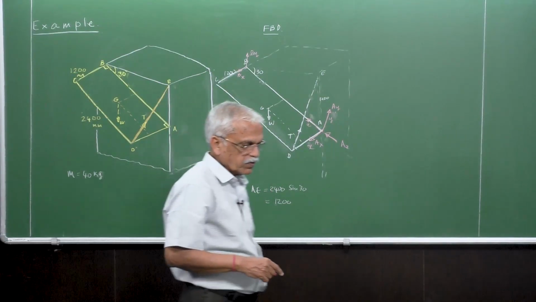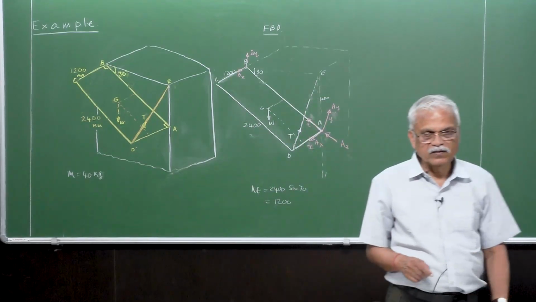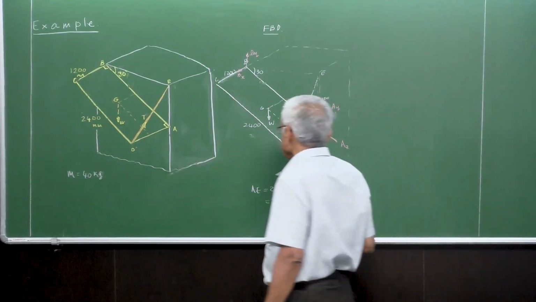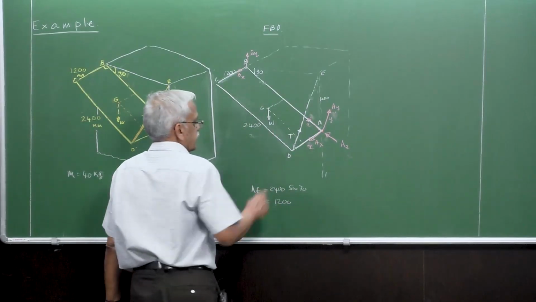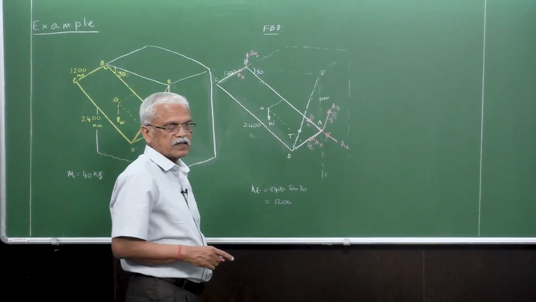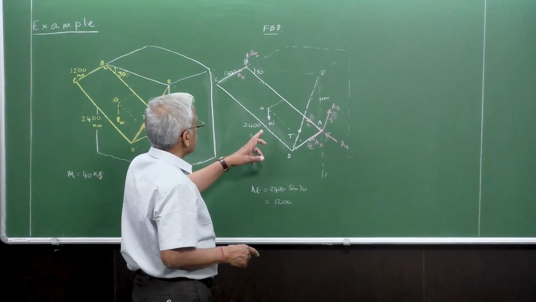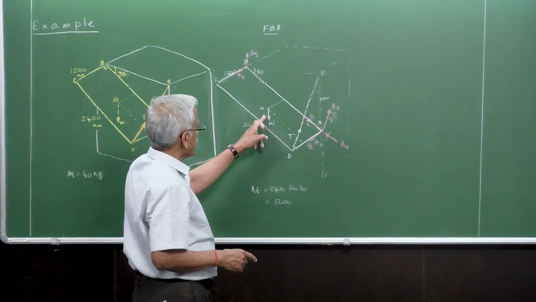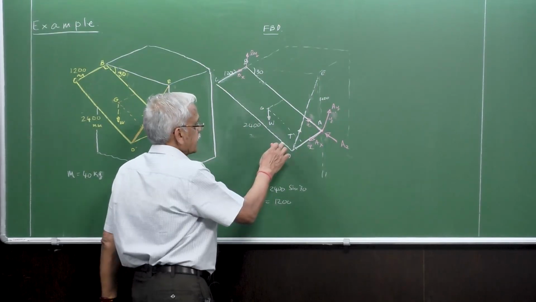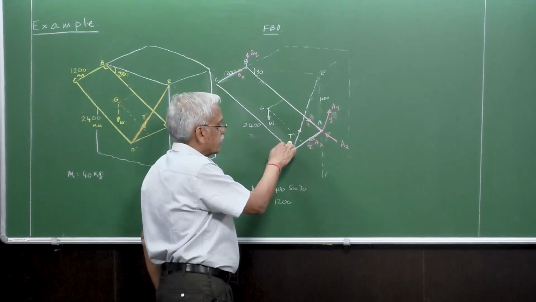Furthermore, why we have taken that is also because if you look at the number of unknowns here, weight is given to us, weight is equal to mg, and tension is the unknown which we need to find out.